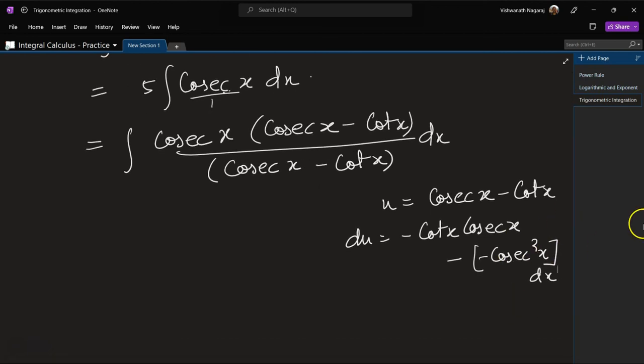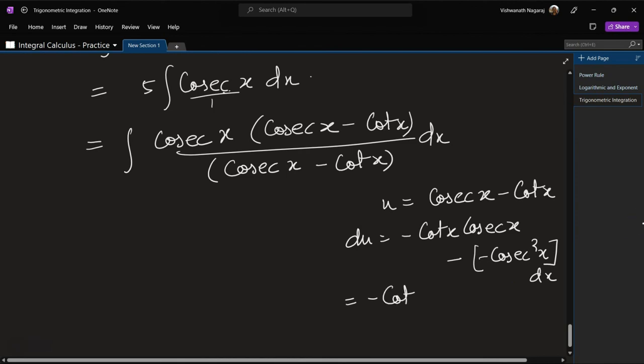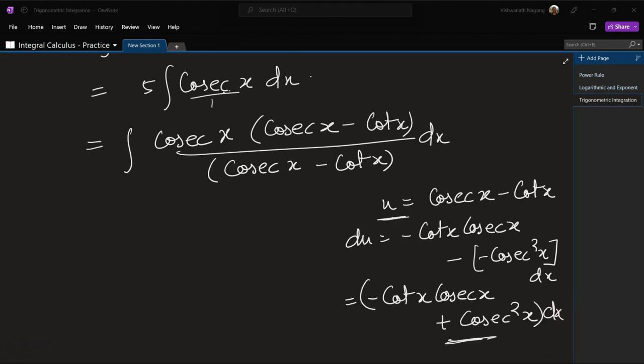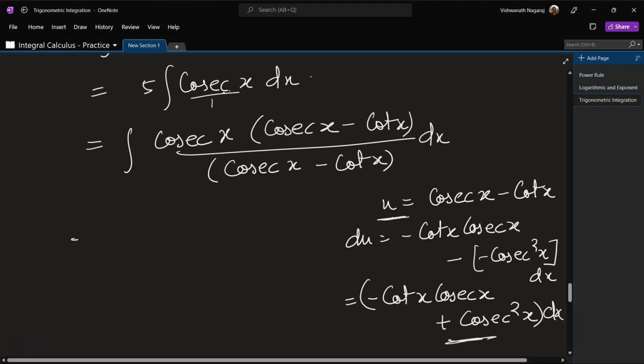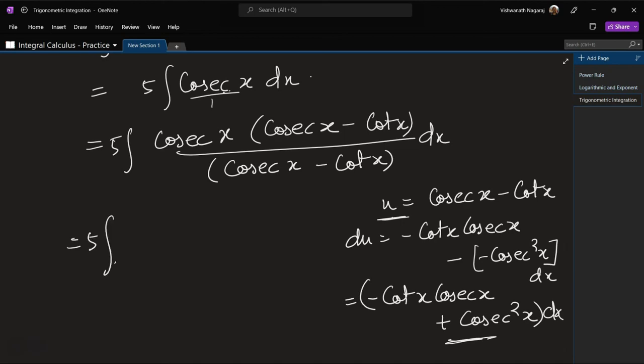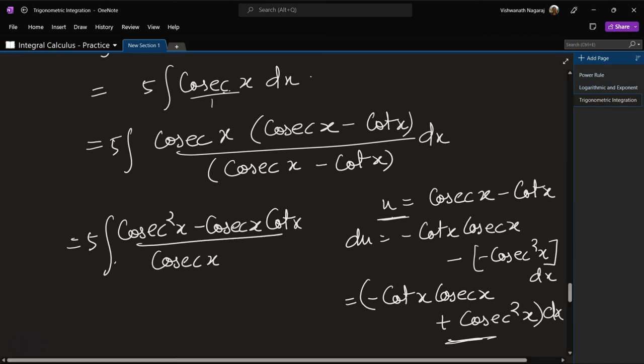Which means this becomes minus cot x cosec x plus cosec square x dx. Now that we have done this part, let's proceed. I missed this 5. So let's say 5, and let's expand this. We get cosec square x minus cosec x cot x by cosec x minus cot x dx.